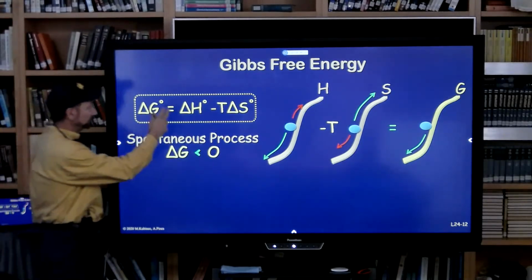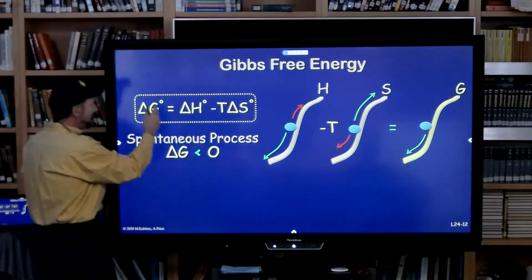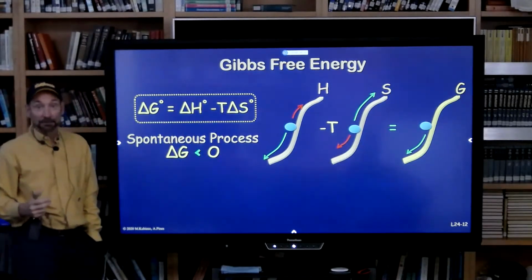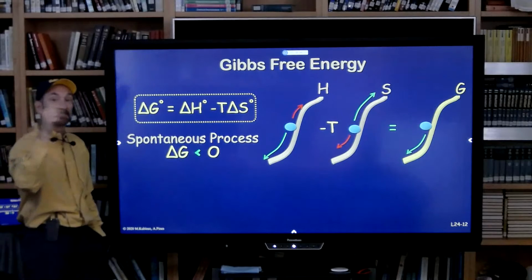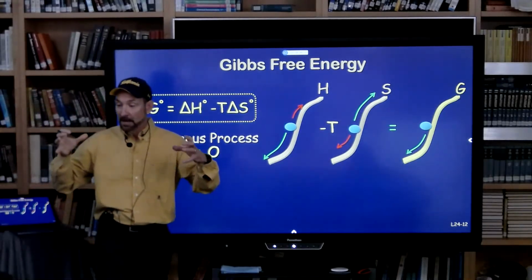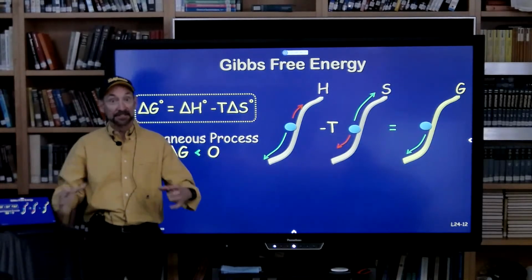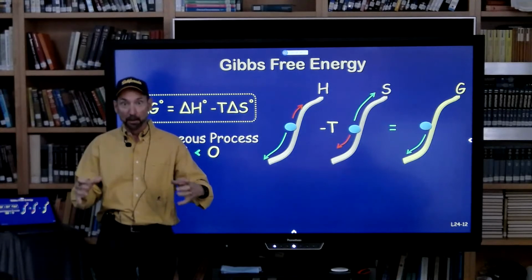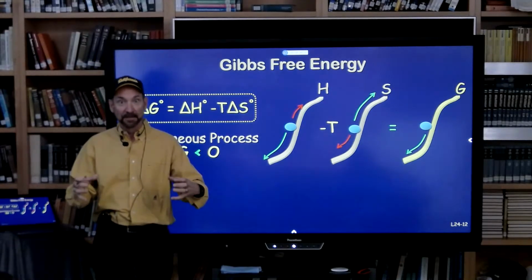positive and negative combinations. You can put this little degree sign up here. That little degree sign means you're talking about the standard states. So the free energy difference between all the reactants in their standard state. And remember what that is. It's this crazy situation where everything is 1 molar or 1 atmosphere of pressure.